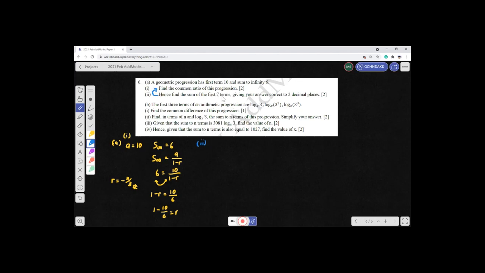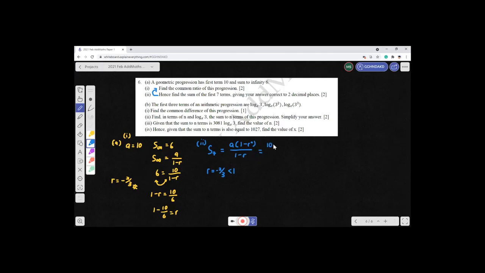Find the sum of the first 7 terms. To find the sum of the first 7 terms, I have to look at r. The r is negative 2 over 3, which is less than 1. So the formula I use has to be a times 1 minus r to the n over 1 minus r. You have to choose it from the formula sheet. What is a?